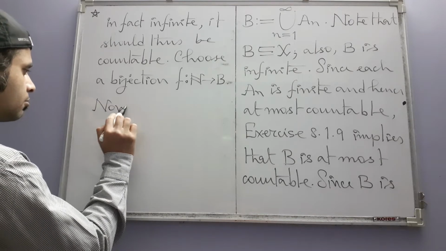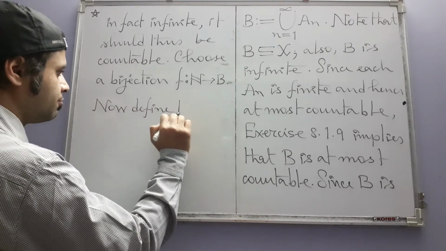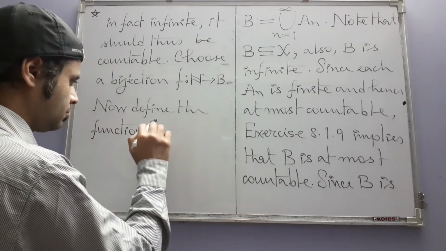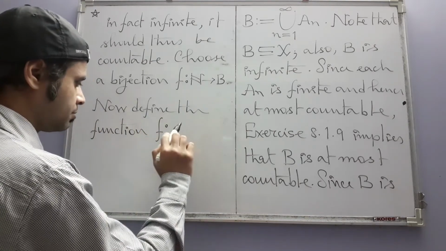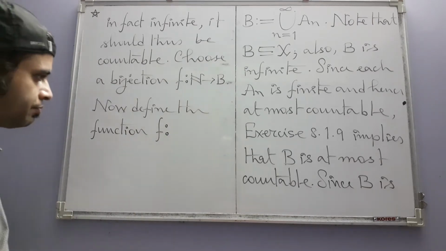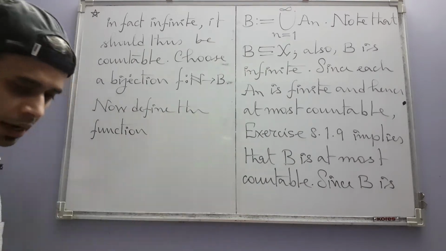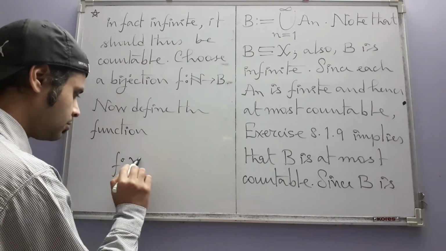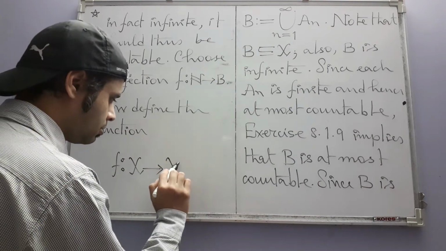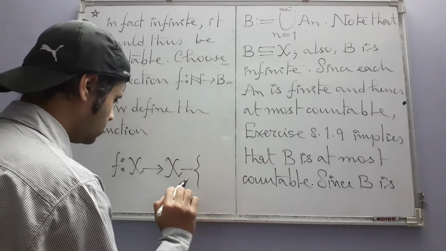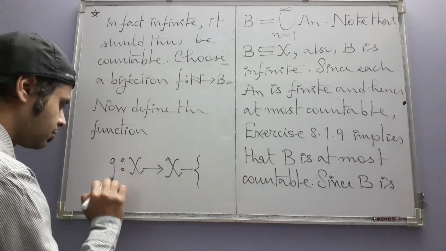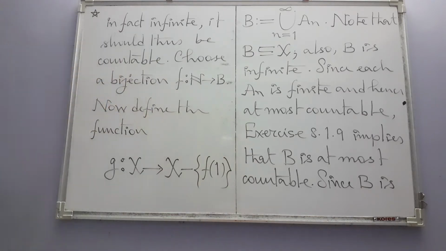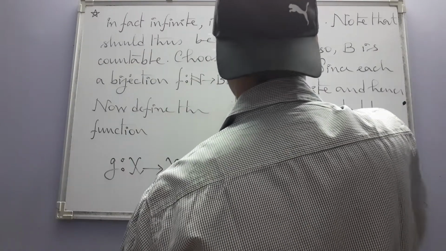Now define the function. Instead of cramming things here, I should write like this: a function from X into X minus... we already have f, so I have to give it some other name, g from X minus f of 1 to X. By what rule?